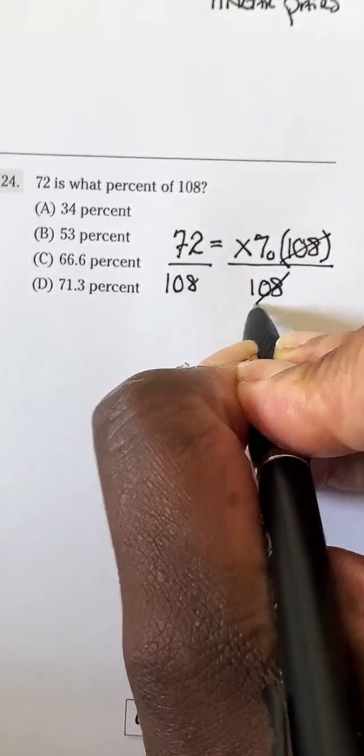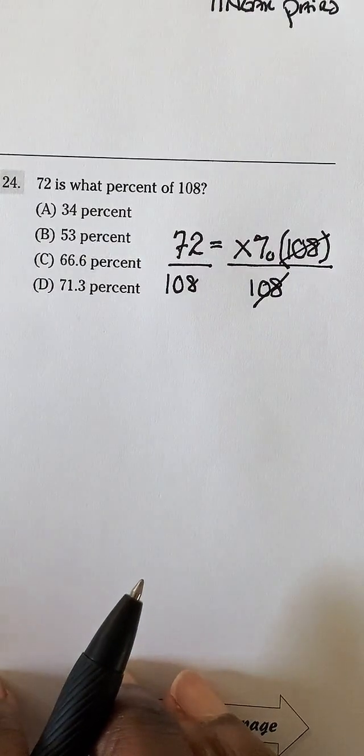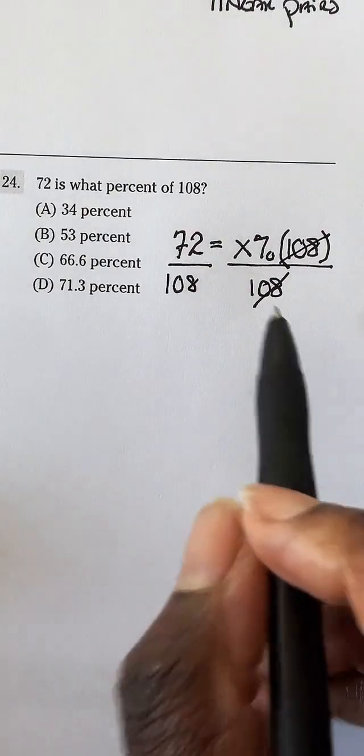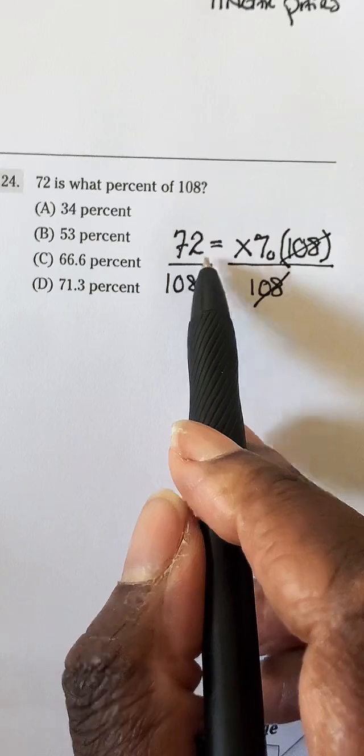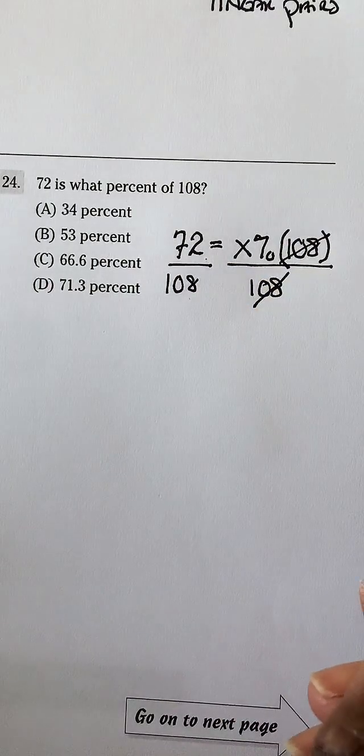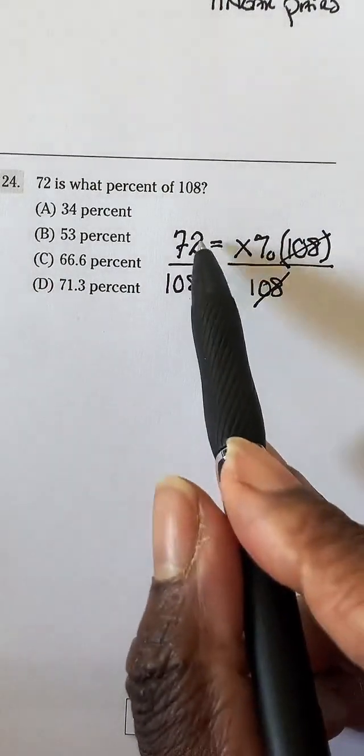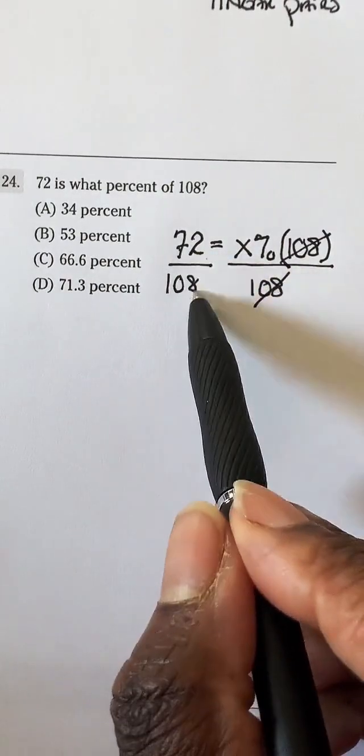So these 108s are going to cancel out. Now you've got your 72 over 108, and you could do your division, or we can simplify it since both of them are even.